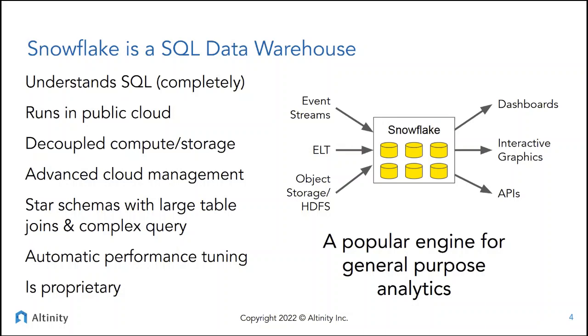A really important feature of Snowflake is that it decouples compute and storage. This was an important innovation, and Snowflake was one of the first to recognize that you could store the data on object storage and then pull it up into compute nodes, for example, cache it on SSDs, things like that.